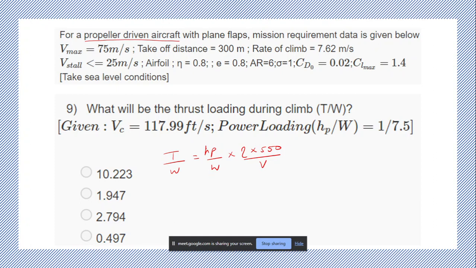Straightforward equation. Let's just substitute the values. Just ignore that this is given in feet per second. Just take all metric units, so it will be meter per second.